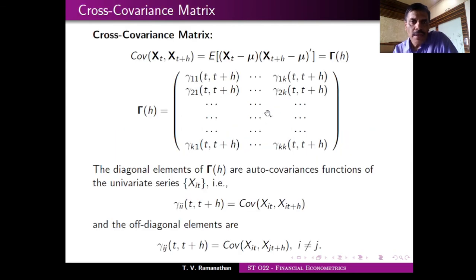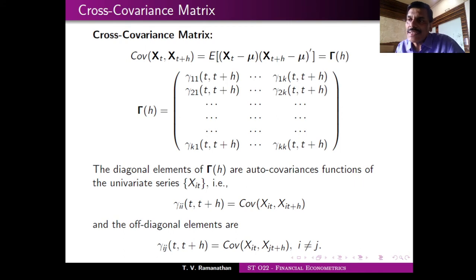Okay. Now let's define the covariance matrix. So we have basically the main difference here. You have covariances of a single series with different time points. By single series I mean one component of the series, like GDP. So GDP at time t is related to GDP at time t minus 1 or t minus j for any j. Similarly, GDP is also correlated with M3. So M3 at time t could be related to GDP at time t minus j. That is possible.